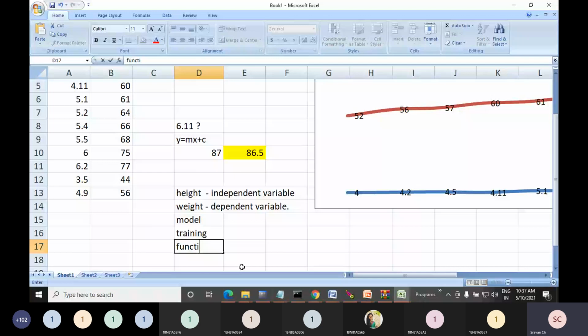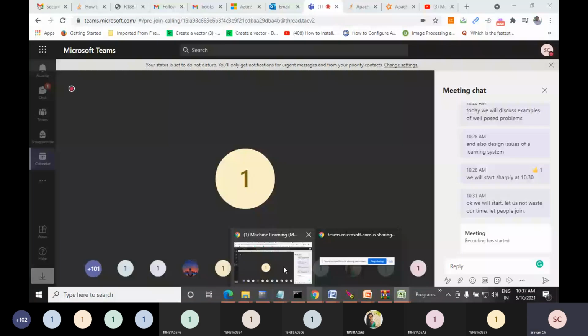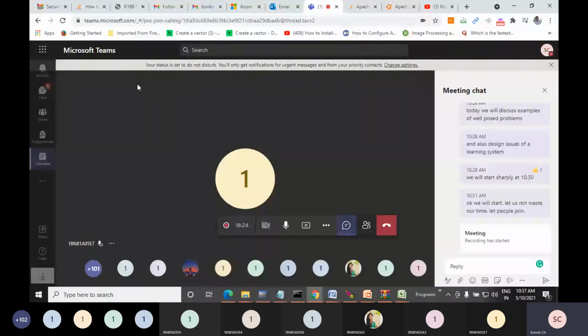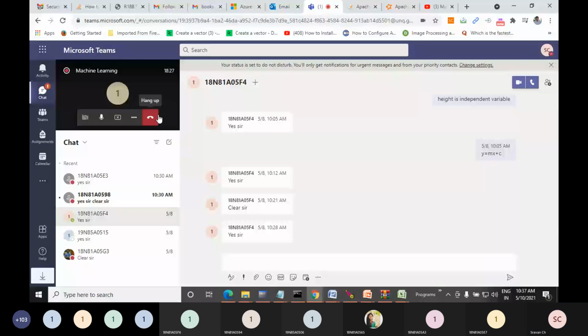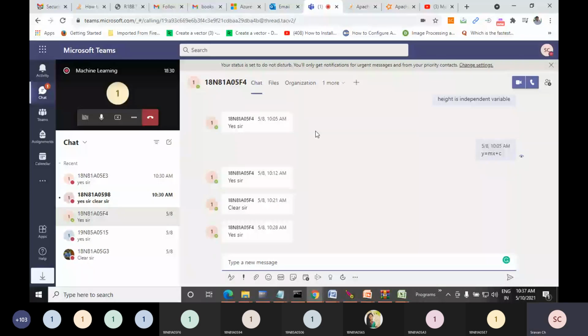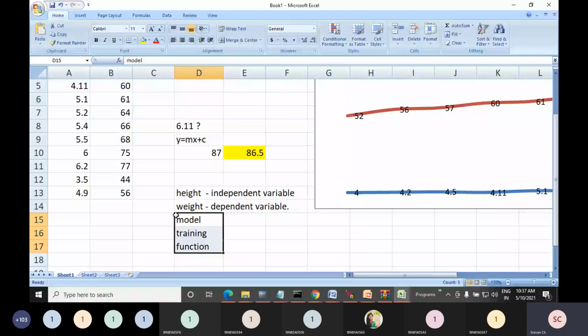If you don't understand these words, you will not understand the subject. If you don't understand these words, please let me know.